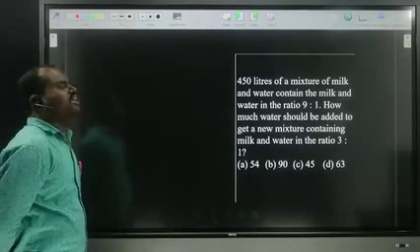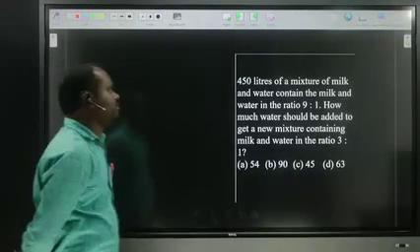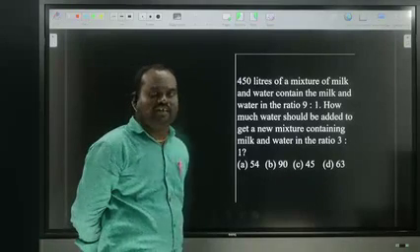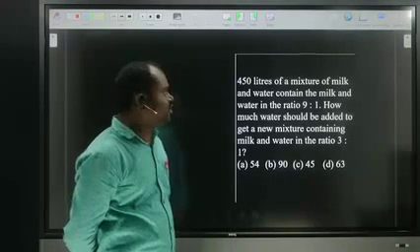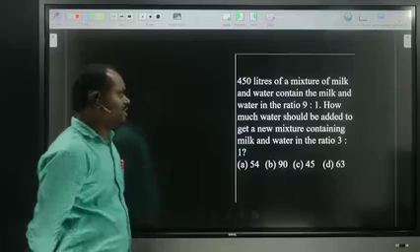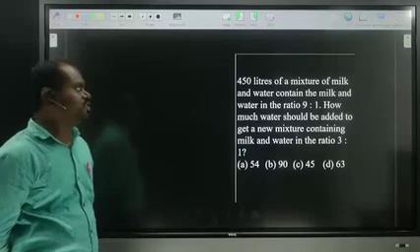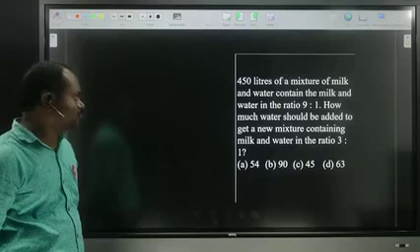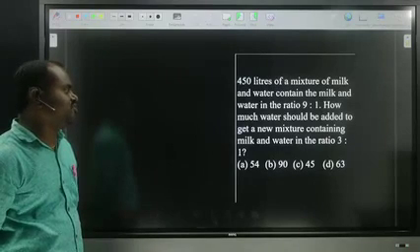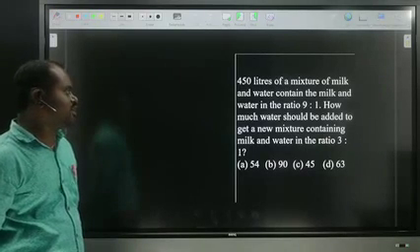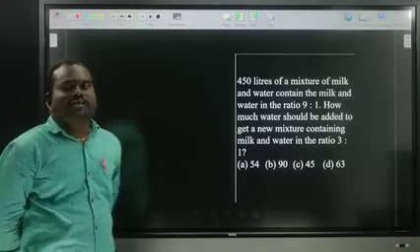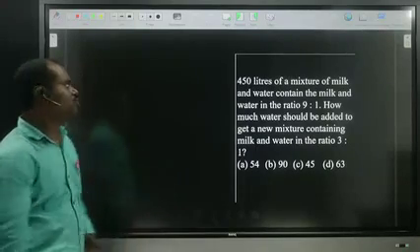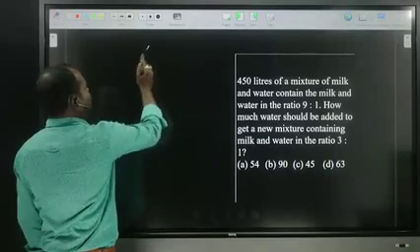Now observe, it is a slightly different model. The question: 450 liters of a mixture of milk and water contains milk and water in the ratio 9:1. How much water should be added to get a new mixture containing milk and water in the ratio 3:1? Initially 450 liters of mixture.